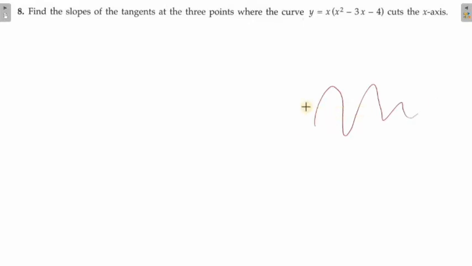And let's say this is your x-axis. This curve cuts the x-axis at different points. One is this point, one is this point, one is this point, one is this point. But here you have to find it at 3 points. For example, this is the point, so you have to find the slope of the tangent at this point, the slope of the tangent at this point, and the slope of the tangent at this point.